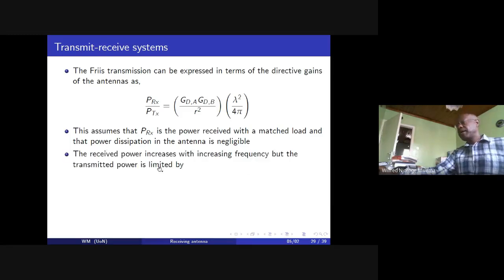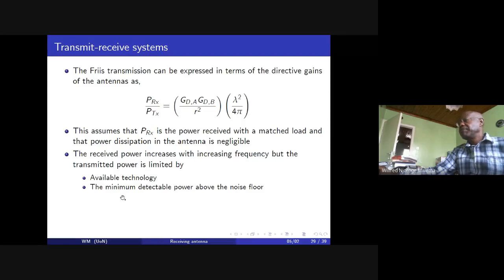So the received power then increases with increasing frequency, but the transmitted power will be limited by the technology available at the time of design, and the minimum detectable power above the noise floor. Remember that the noise floor in many cases will depend on the background radiations that we have.